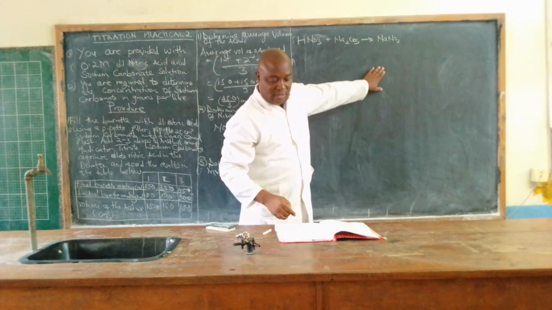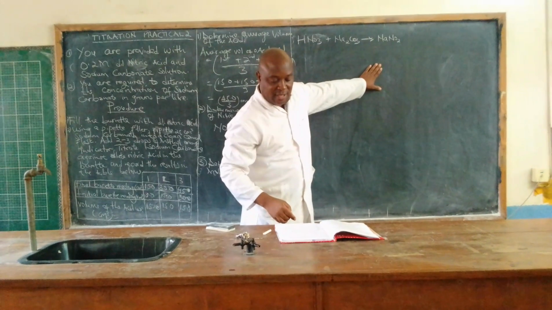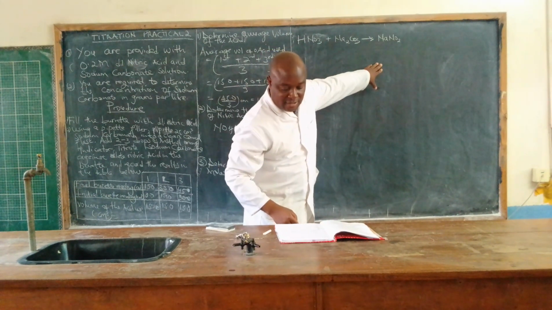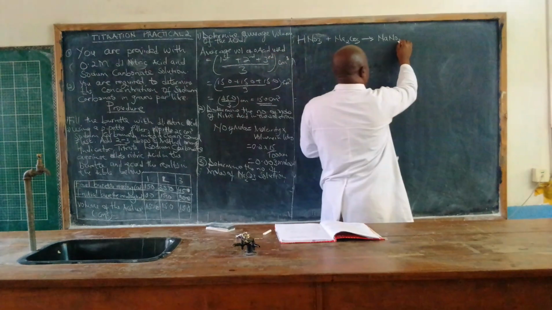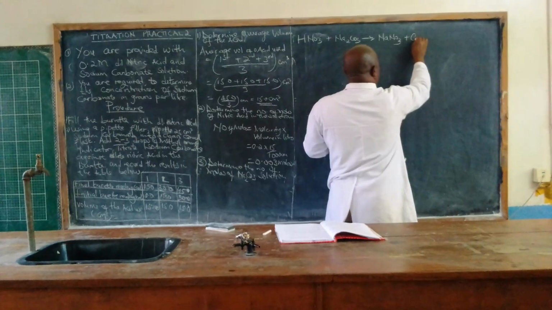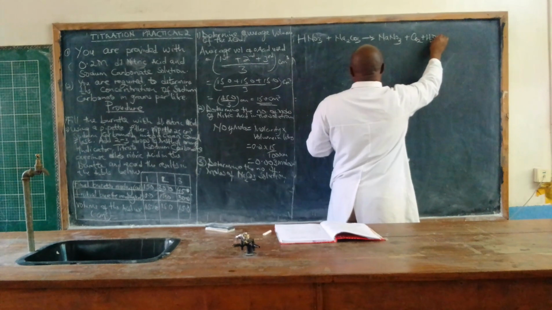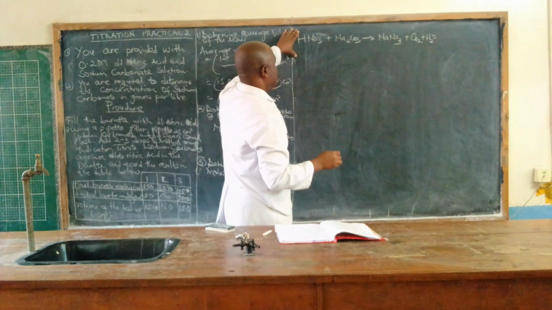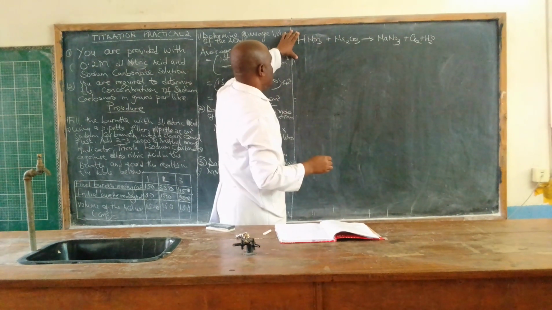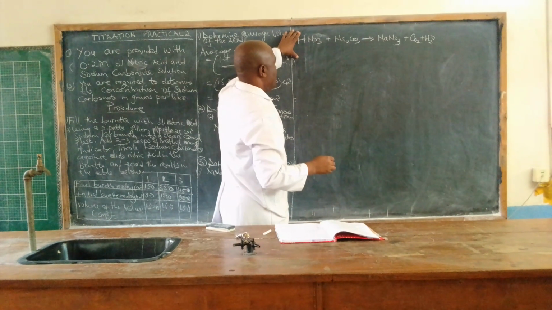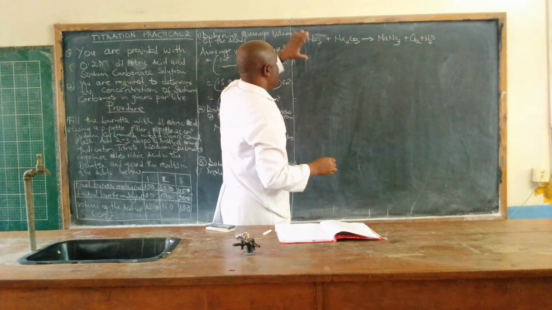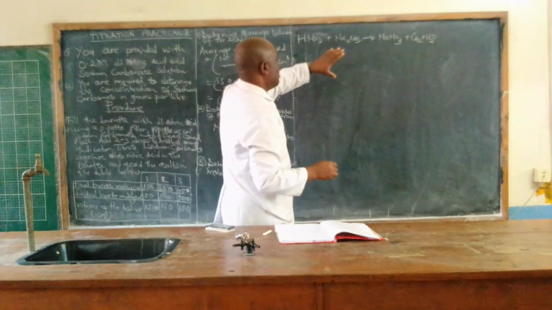This is how the sodium nitrate is written, plus carbon dioxide plus water. After we have written this, we are supposed to ask ourselves: is the equation balanced?